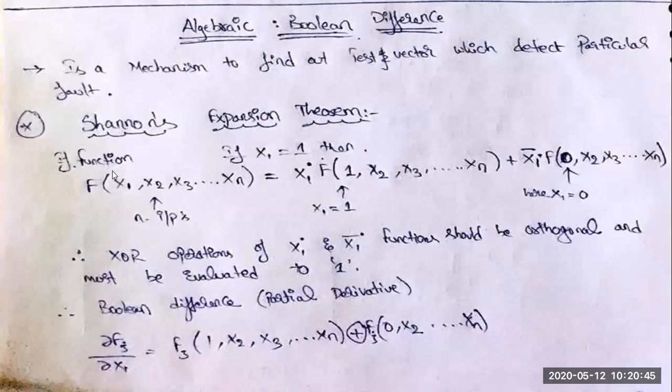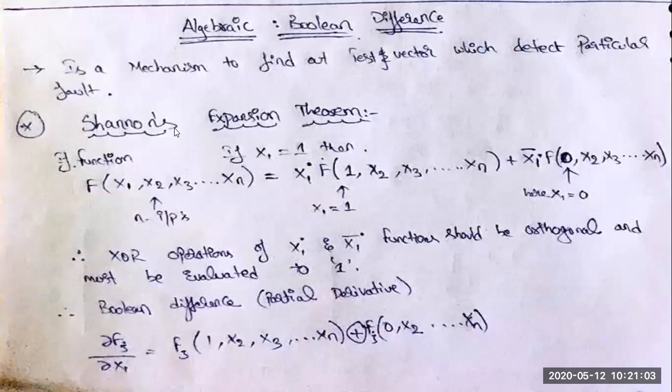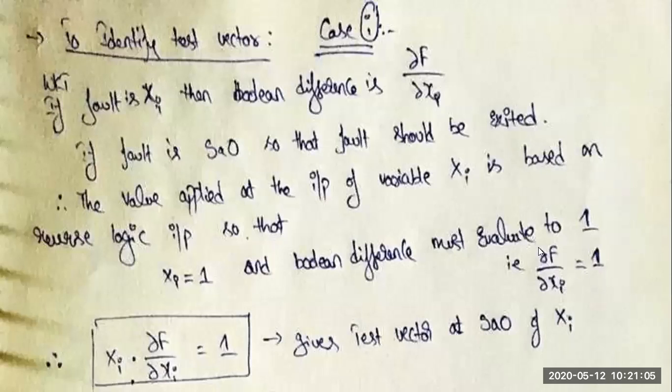That's what I said: if this is stuck at 0, we apply a reverse logic, which means we apply a 1 here. If it is 1, we have to find out what the input is. The input will be determined based on the 1 1 logic, and you will be getting a 1 here. So the evaluation should be done towards a 1 here, and this function is defined with this case. That is the first case.